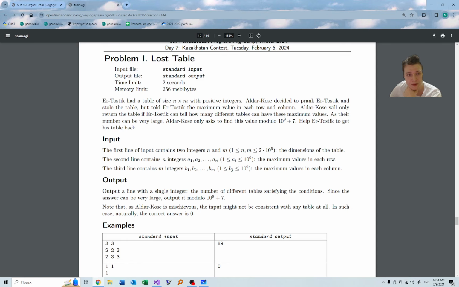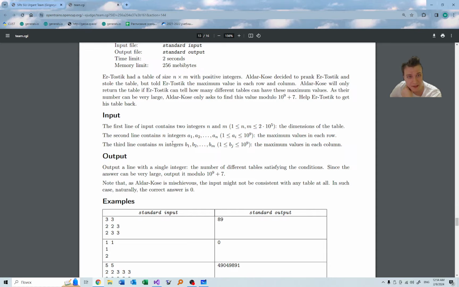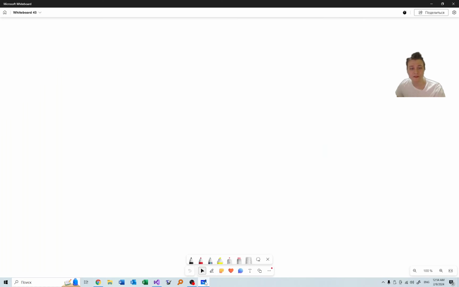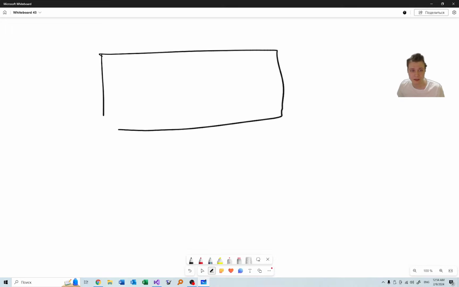So what's the problem about? We have a table, an n by m matrix, and we know the maximum in each row and in each column. So these numbers are known, each of them is known.